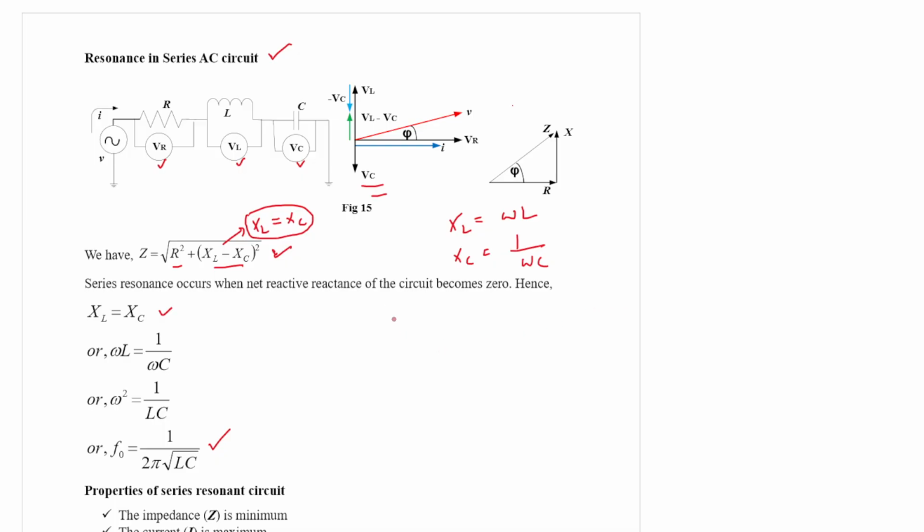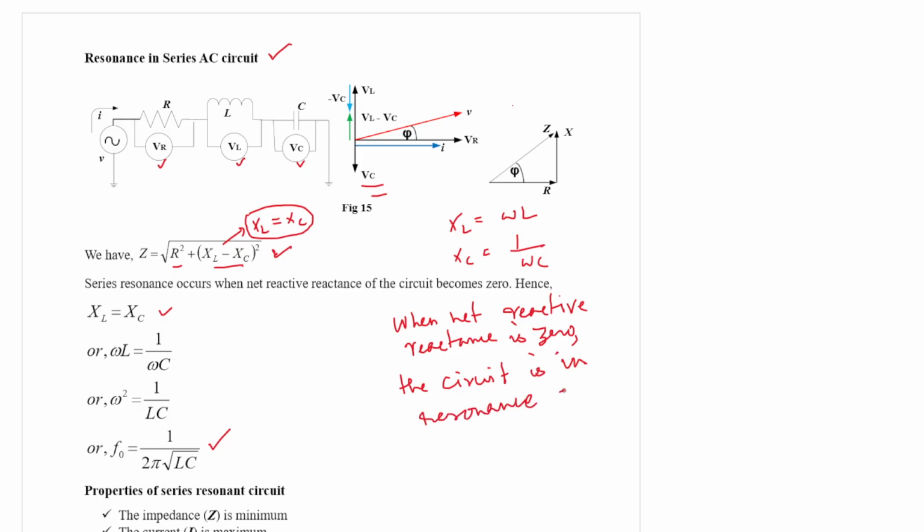When the net impedance or reactance is 0, then the circuit is in resonance condition.